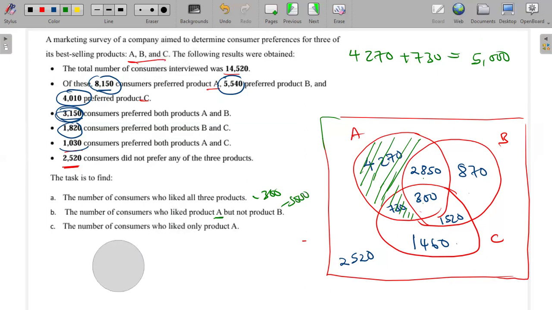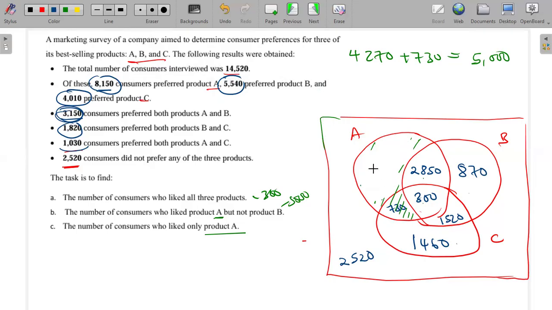Okay, and then what's the next one? So the next one is telling us the number of consumers who only like product A. Number of consumers who only like product A. So those consumers, what are they going to be? So let me just get to this part here, and then I can erase and write the number again.